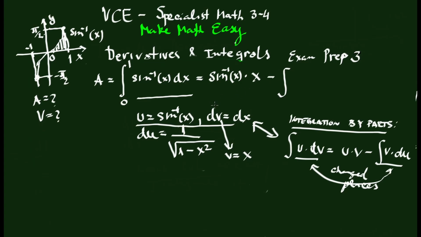And now what's our v? v is our x. And what's our du? It's 1 over square root of 1 minus x squared times, and all of this is dx.